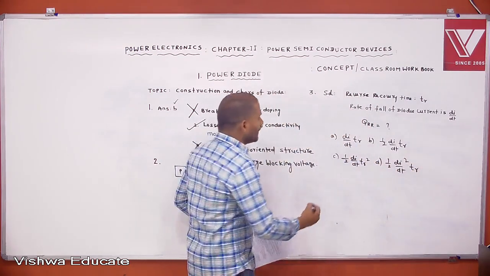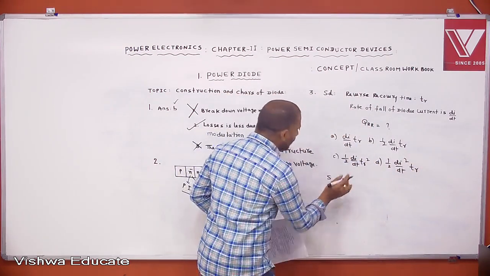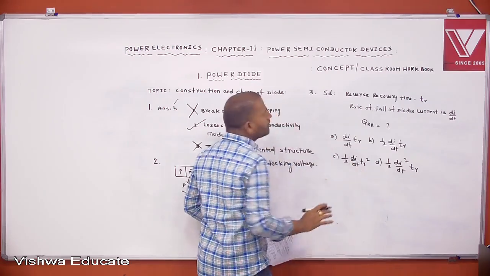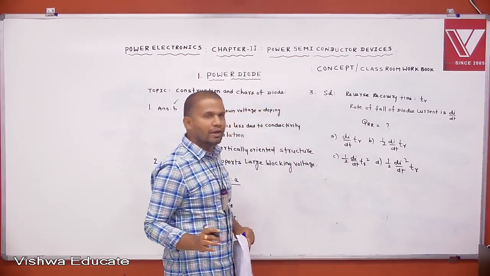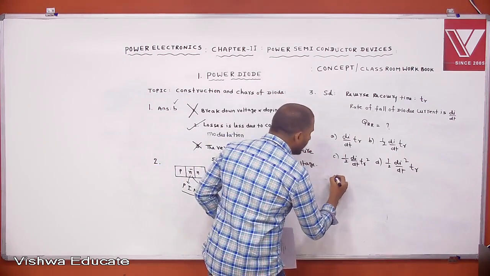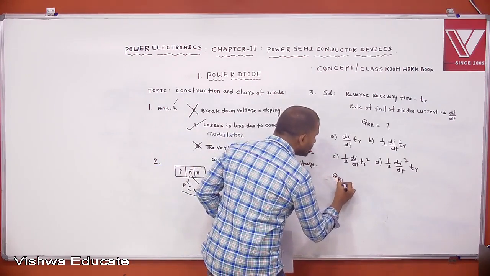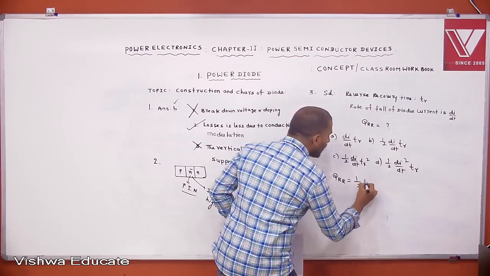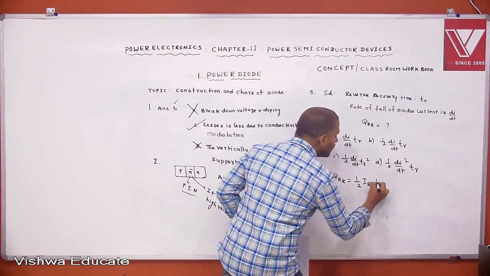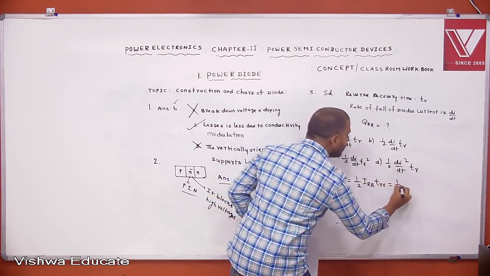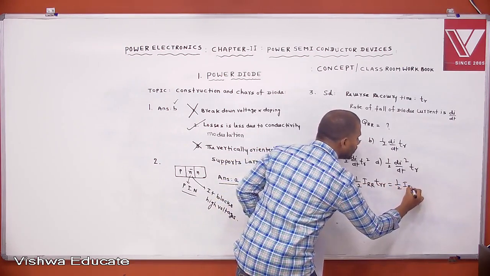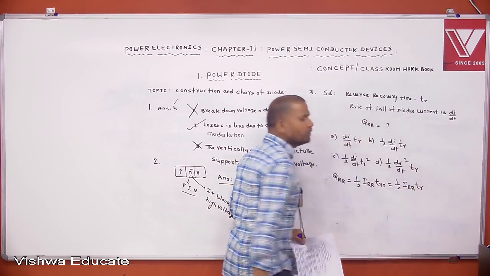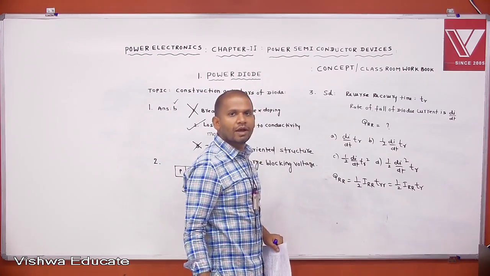Okay, we know that. For this, you want to answer this one. Reverse recovery time and rate of fall of diode current are known. What is the reverse recovery charge? 1 by 2 IRR into TRR. But in the problem, it is given 1 by 2 IRR into TR. Instead of TRR, you take TR.